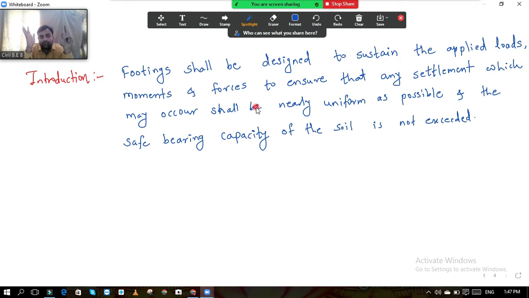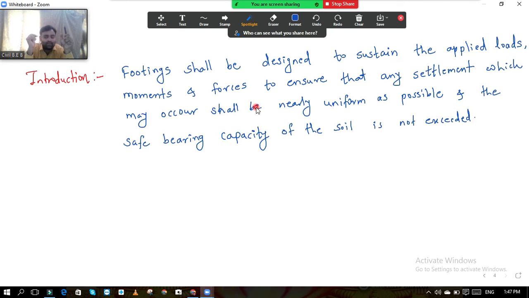You know that whenever a structure is constructed, after some years, after some decades, it slowly settles. Settlement means it will move down beneath the soil. It is very small, 1 mm or less, or sometimes 10 mm.